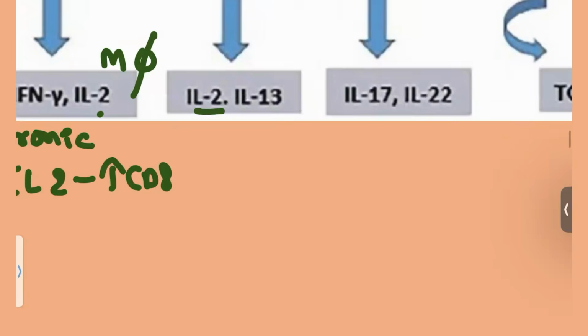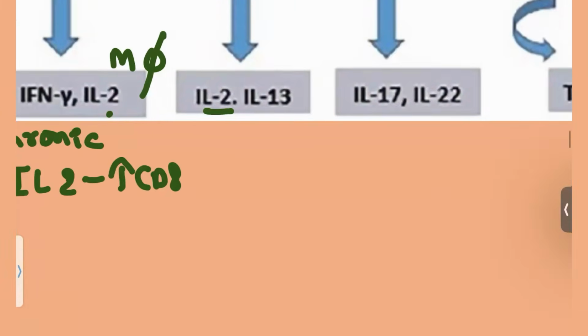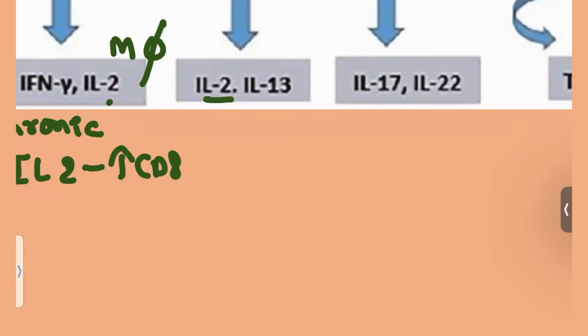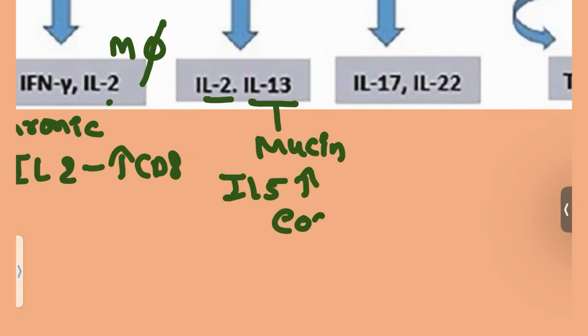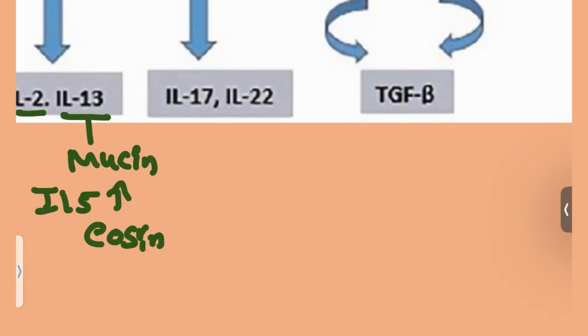Next, TH2. In the TH2, we have interleukin 4 and also interleukin 13. IL-13 is going to increase the mucin. And also IL-5 will increase the eosinophils. Next, TH17 is going to contain interleukin 17, interleukin 22, interleukin 6 and interleukin 1.